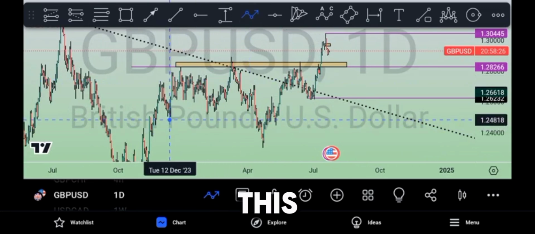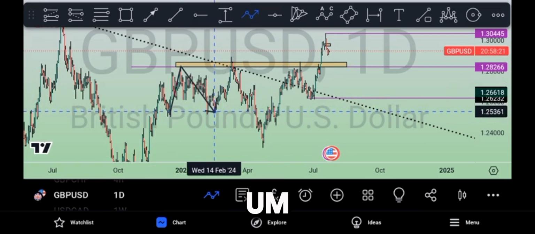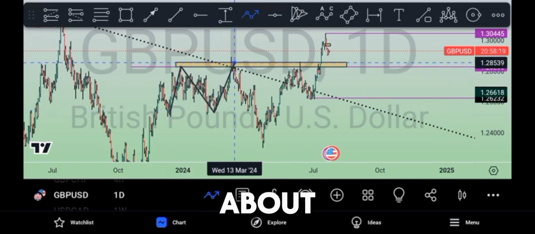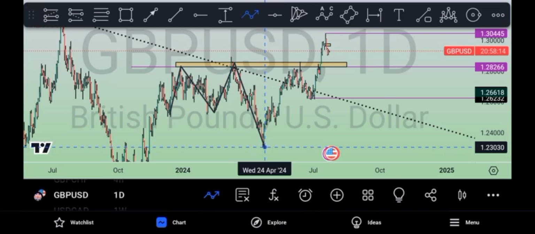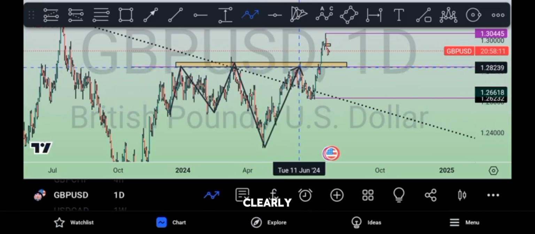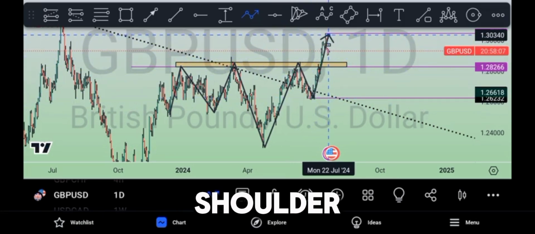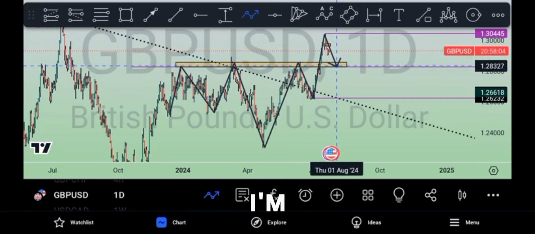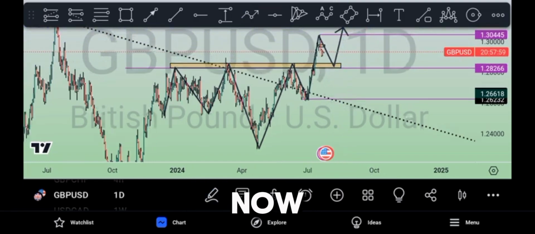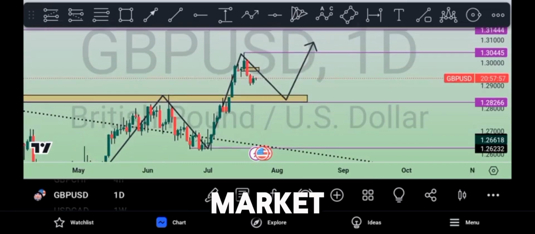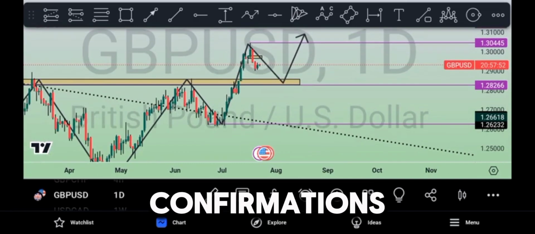So this is the left shoulder, this is the head. So clearly this is an inverse head and shoulder. The market is pulling back and I'm expecting a bullish reaction from this level. I expect the market to sell off to this level and then give us some buy confirmations.